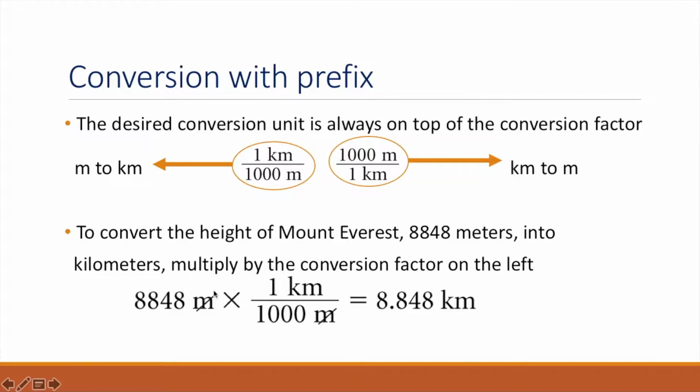Since I'm starting with meters, my 1,000 meters is on the bottom, and I'm going to kilometers, so 1 kilometer is on top. When I take 8,848 and multiply by 1 and then divide that number by 1,000, I get 8.848 kilometers. Go ahead and pause if you need to. Move on when you're ready.